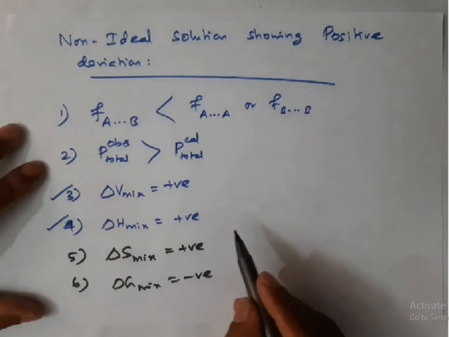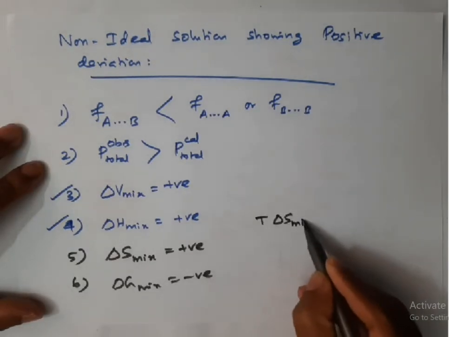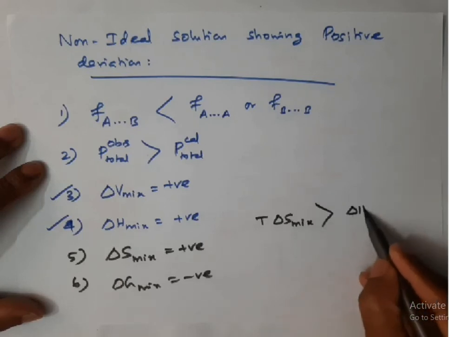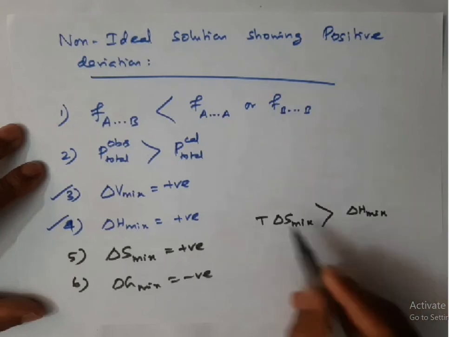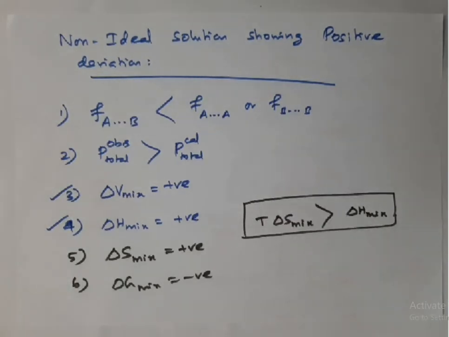And I have given an information here, T into delta S mixing should be greater than delta H mixing for a solution showing positive deviation from Raoult's law. Okay, note down all these things. All are very, very, very important. These are all characteristic informations on a non-ideal solution showing positive deviation.